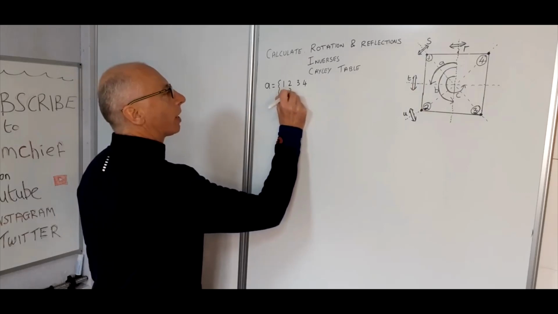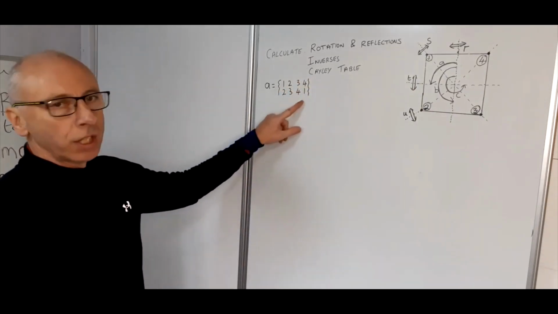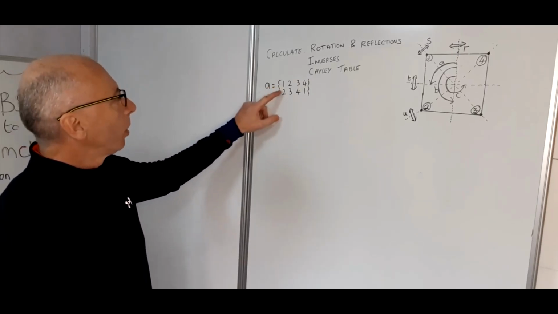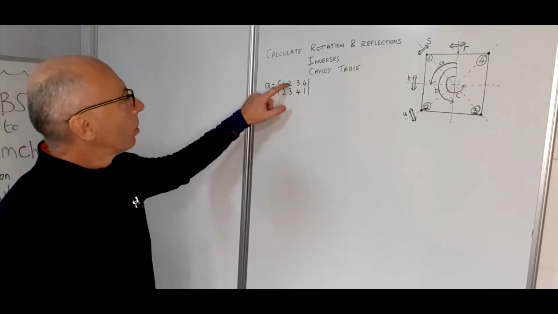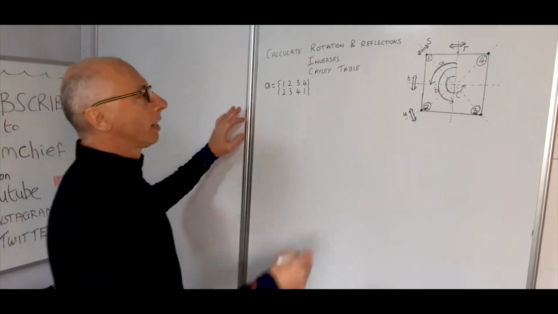So we can just write this in this form on this two-line permutation here. 1 is the starting point, 2 is the end point, 2 is the start, 3 is the end, and so on. So that takes care of A.